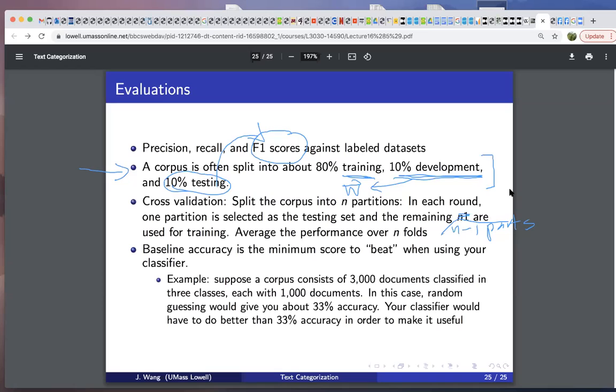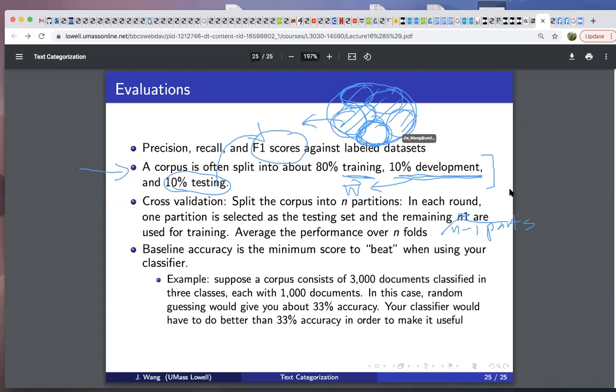So for instance, you got my data set. I'm going to divide them randomly into several parts, and then I'm going to take this part out as testing, and I'm going to use the other ones as training. So that is one round, and then I'm going to use this as testing, and then these parts will be training.